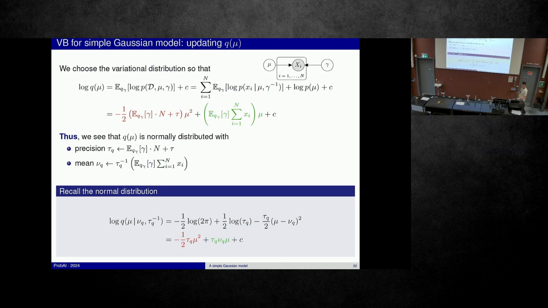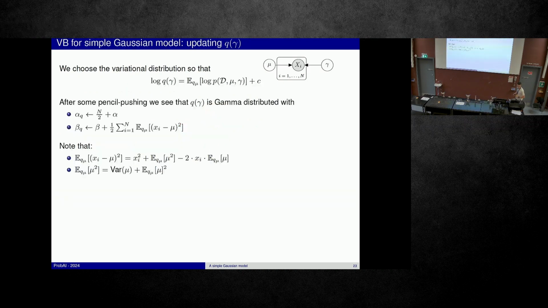We can do the same thing for gamma. So here I spare you all the pencil pushing, but the steps are basically the same again. We are aiming for a variational distribution that is gamma distributed, and then you can write out all the steps and recognize that eventually you end up with something that looks like a gamma distribution.